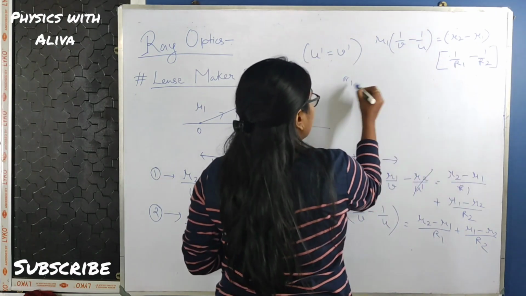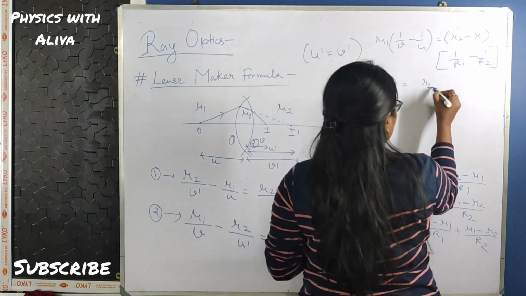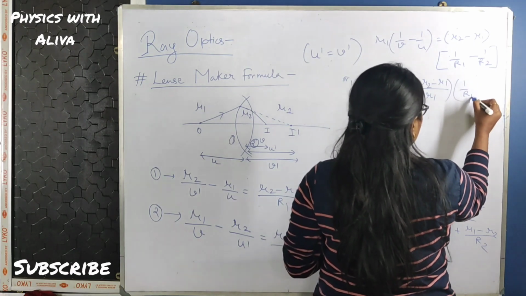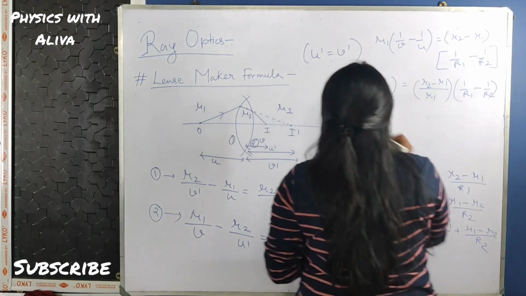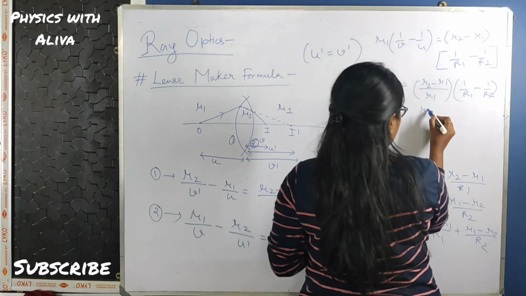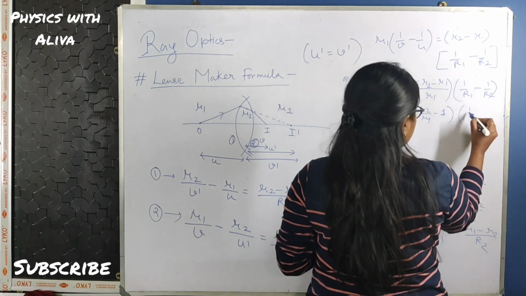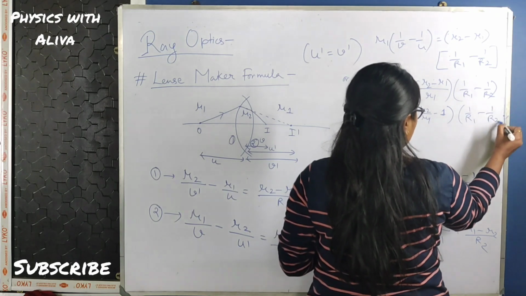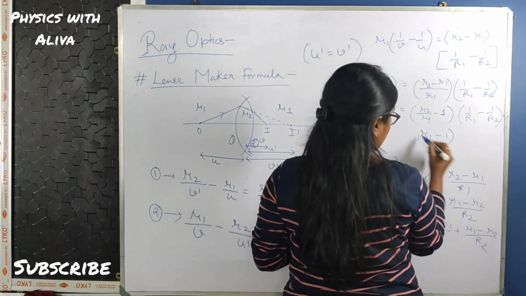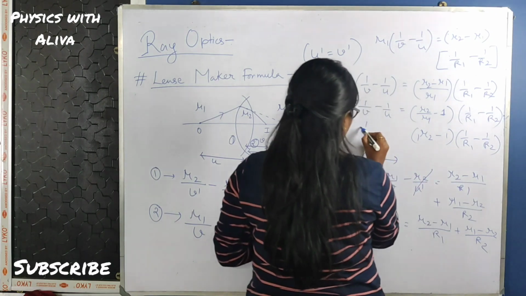So 1 by V minus 1 by U is equal to (mu2 by mu1 minus 1) times (1 by R1 minus 1 by R2).